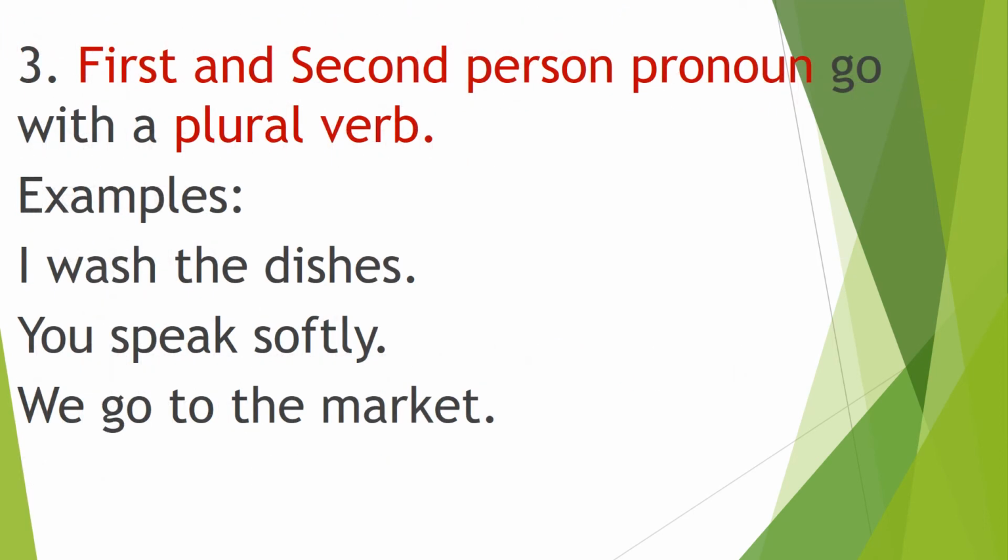Now, rule number 3. For the first and second person pronoun, remember, again, first and second person pronoun go with a plural verb. Examples of the sentences. I wash the dishes. The subject in the sentence is I, which is first person singular, and it takes a plural verb, which is wash.